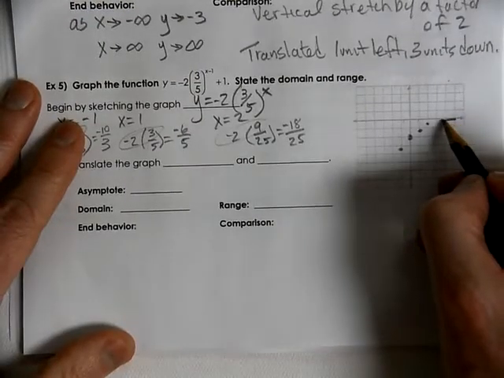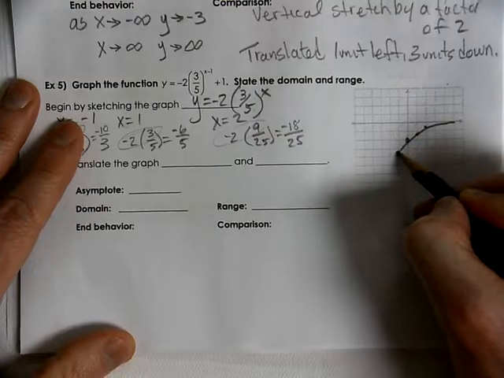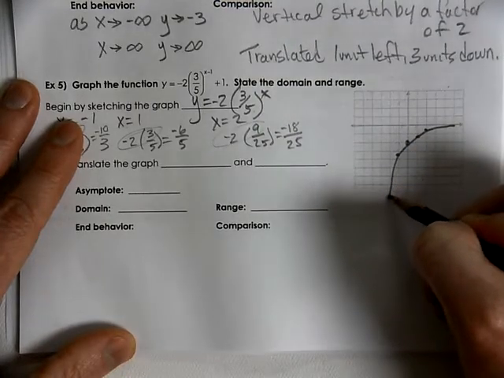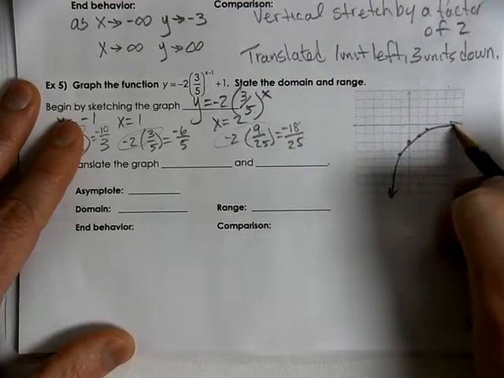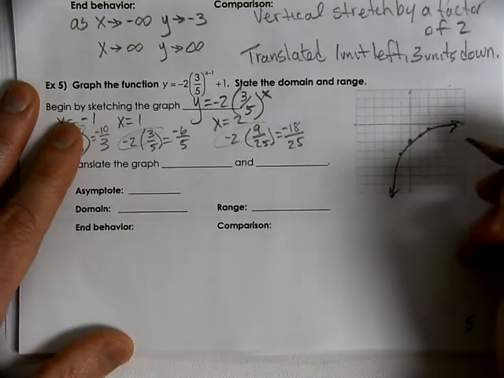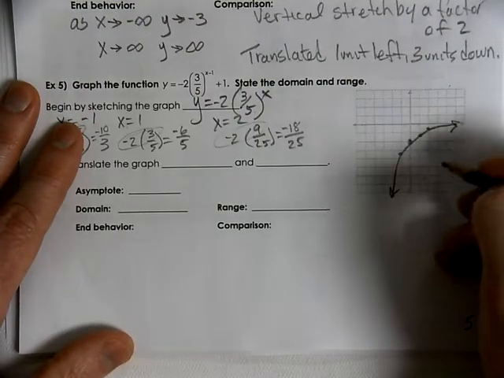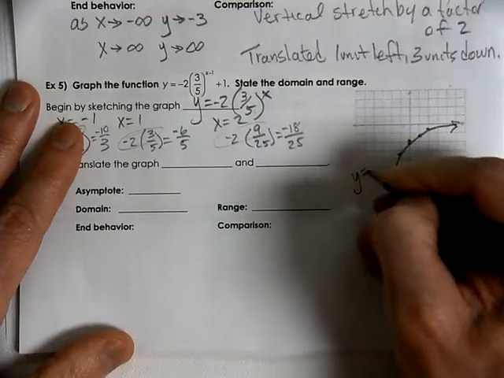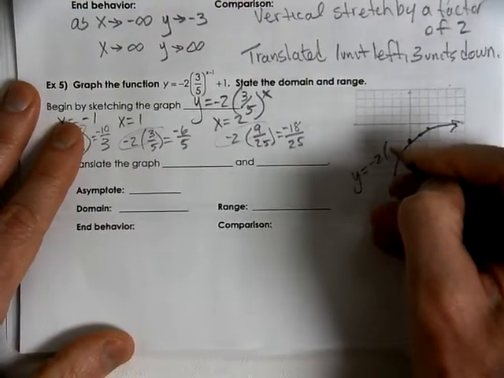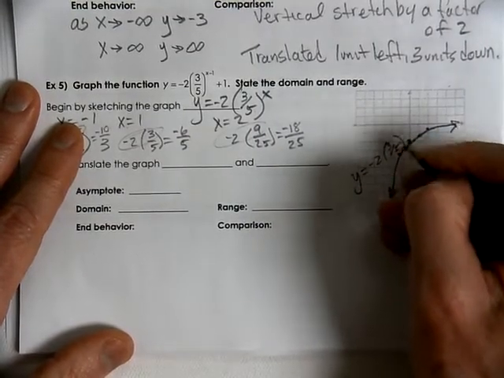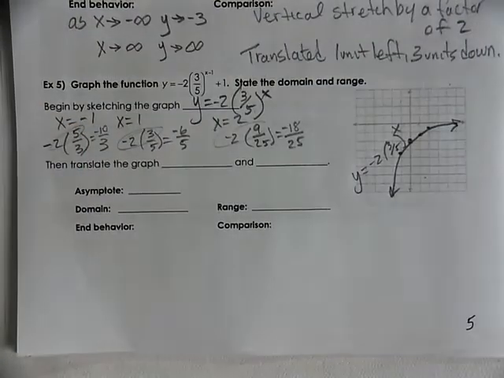So we know our graph is coming through, it's curving, and it starts to come down. So this is going to be y equals negative 2 times 3 over 5 to the x.